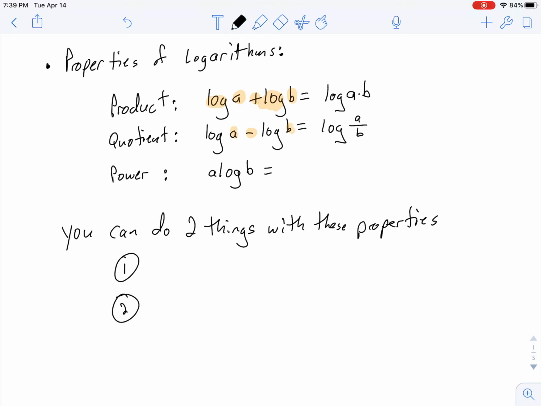A divided by b. So it's like this minus sign sort of turns into a divide sign, and the 2 logarithms become 1. And then finally, the power property. If you have a number multiplied by a logarithm, you can actually take that number and make it a power on the argument.